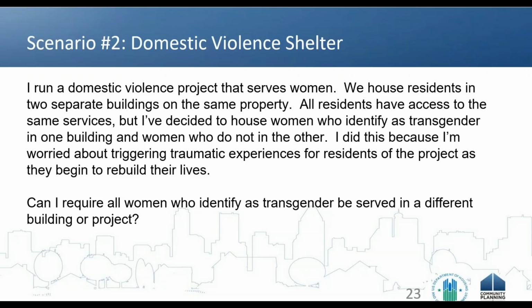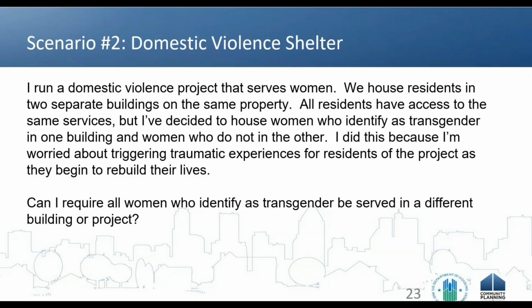And I think at the heart of this question is a desire to be effective and a desire to be supportive. And we wrote this question in a way, there is a desire to serve everybody in a project that creates the atmosphere, the program that will help them to recover and move out of homelessness as quickly as possible.